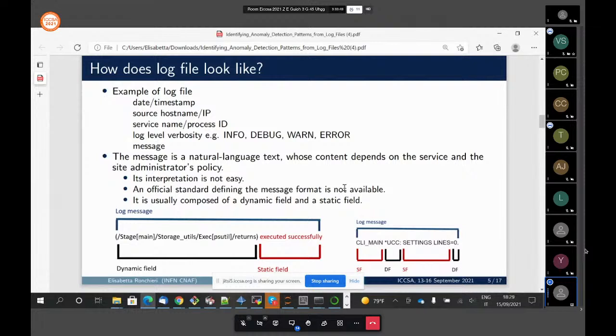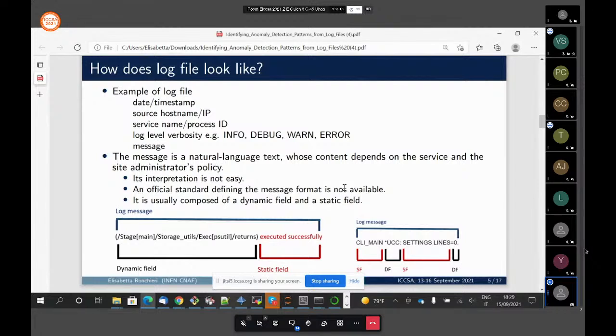The message can be considered as natural language text that contains information according to the specific service, and the form of this log sometimes depends on the site administrator's policy. It is not easy to understand the content of this message.